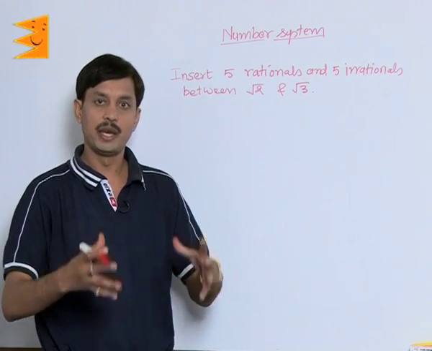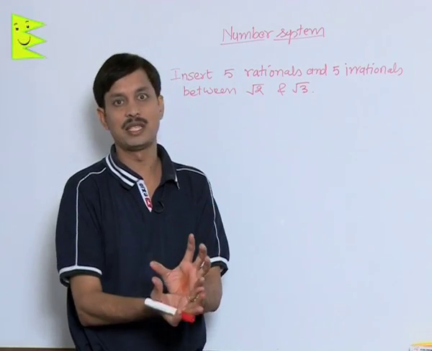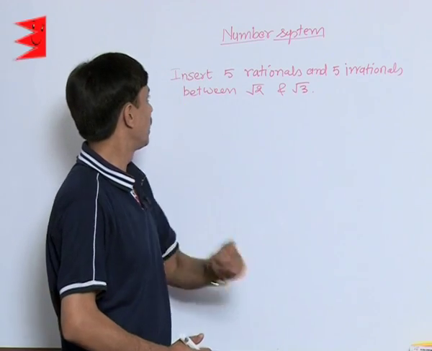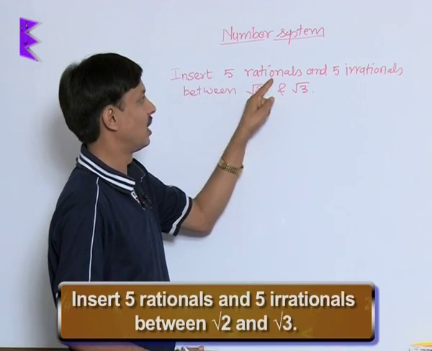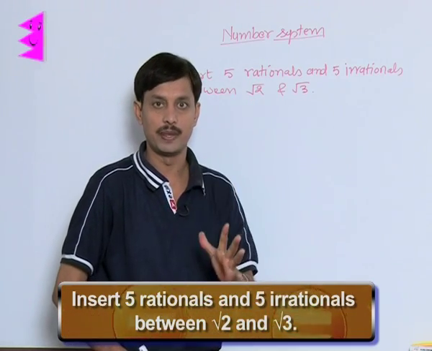Now I am taking another example where we will insert a few rationals and a few irrationals between two given numbers. The example is: insert 5 rationals and 5 irrationals between root 2 and root 3.